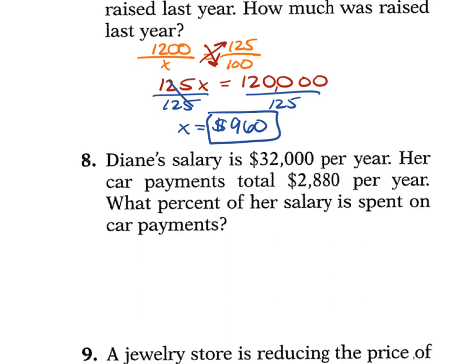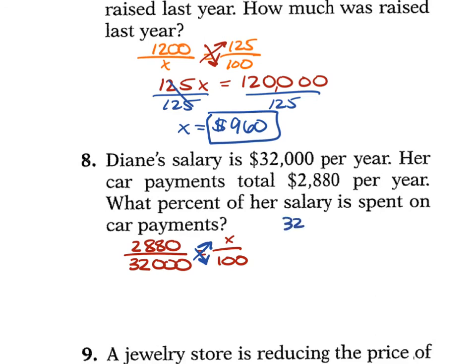For 8, it says Diane's salary is $32,000 per year. Her car payments total $2,880 per year. What percent of her salary is spent on car payments? So that's 2,880 over 32,000 is x over 100. So we are going to cross multiply.